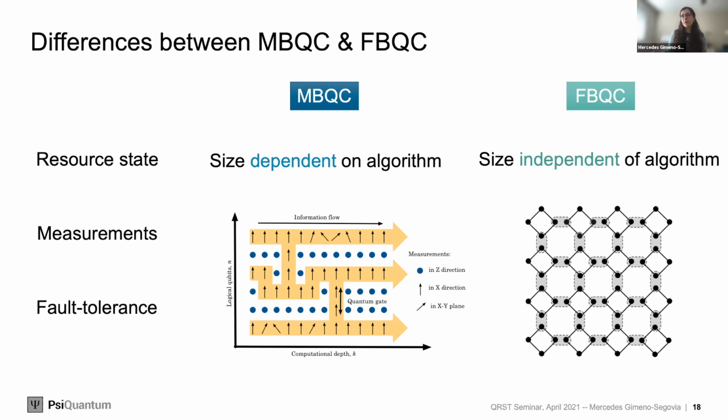Whereas for fusion-based quantum computing, the size of my resource state remains the same. If I want to run a longer algorithm, or if I want to have more qubits, I need to add more states, not bigger states. And that really makes a difference in terms of the correlation of errors and the resources that you require.